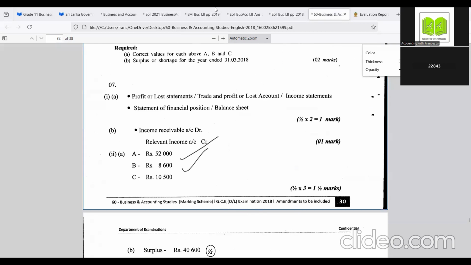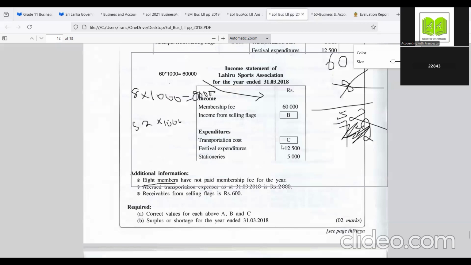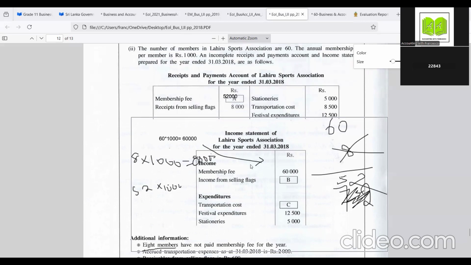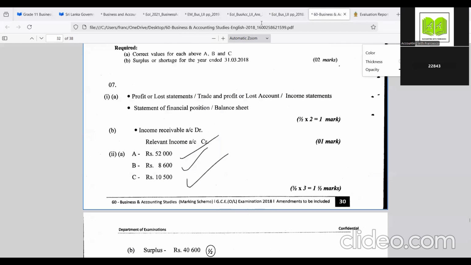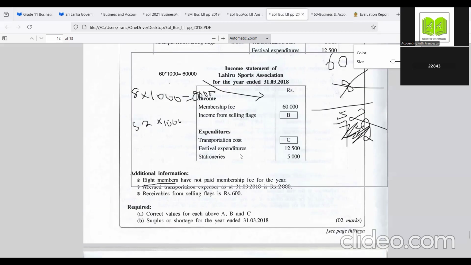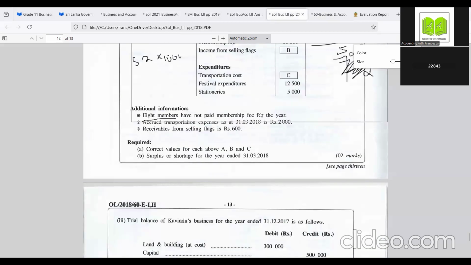8,600. Last one, transport cost, accrued. It's very easy, add or minus. Accrued, so add. You already have transportation 8,500. 8,500 plus 2,000 is 10,500. So I think you want to write the 2,000 in 2018.